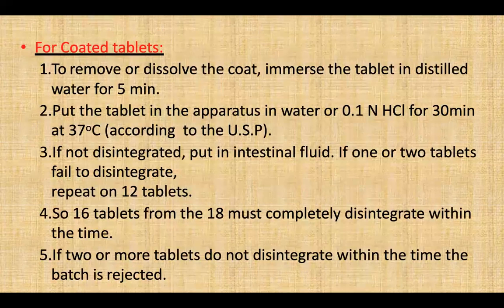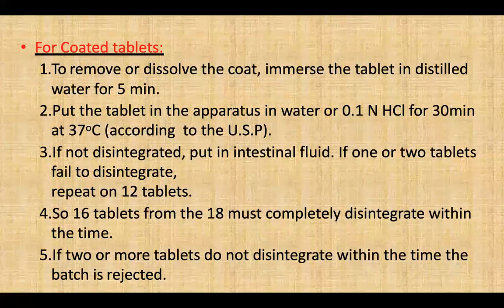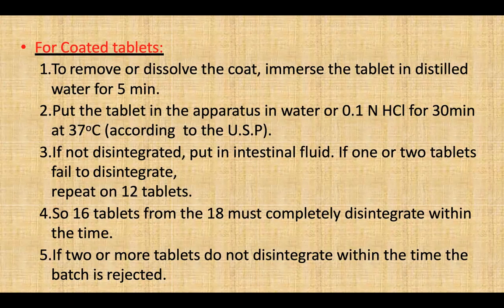For coated tablets, to remove or dissolve the coat, immerse the tablet in distilled water for 5 minutes. Then put the tablets in the apparatus in water or 0.1 N hydrochloric acid for 30 minutes at 37 degrees Celsius according to USP standards.